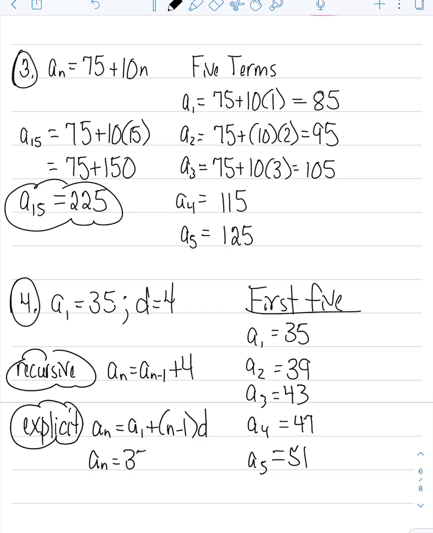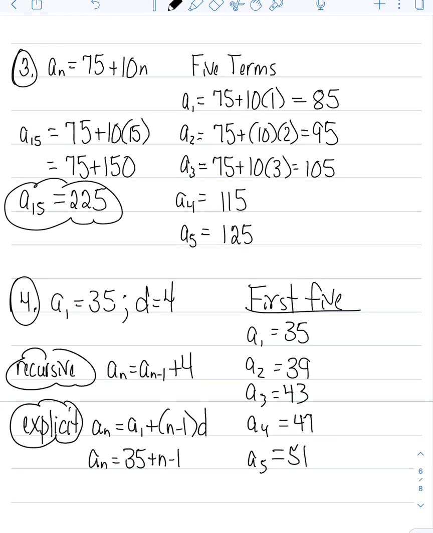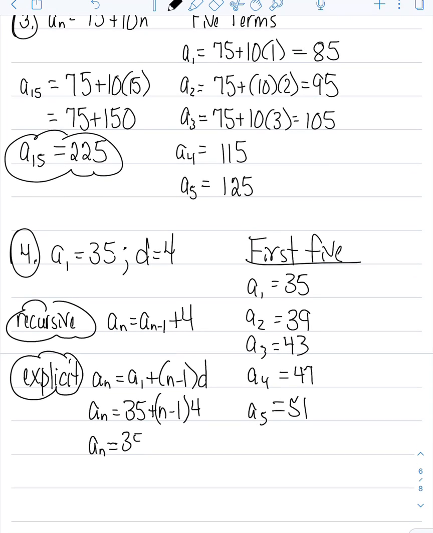My first term is 35 plus n minus 1 times my common difference of 4. So I'm going to do the distributive property to simplify. Plus 4n minus 4, and then I still have to combine those like terms to get 4n. 35 minus 4 is positive 31. So that's your explicit formula.